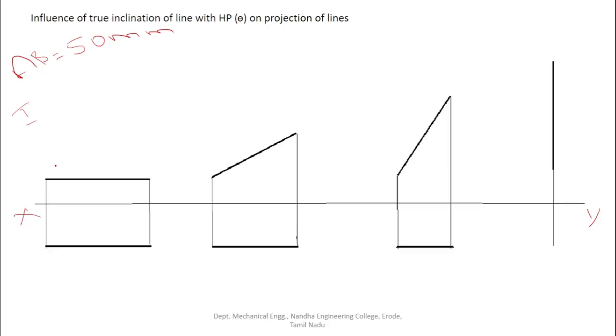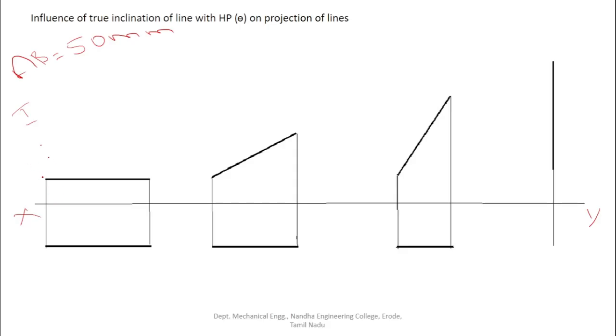We are strictly following first angle projection to explain the projection of a line. So the front view is drawn above the XY reference axis, and the top view is drawn below the XY reference axis. In this case the line is parallel to both HP and VP, so we can start with either the front view or the top view. Here I am going to start with the front view.